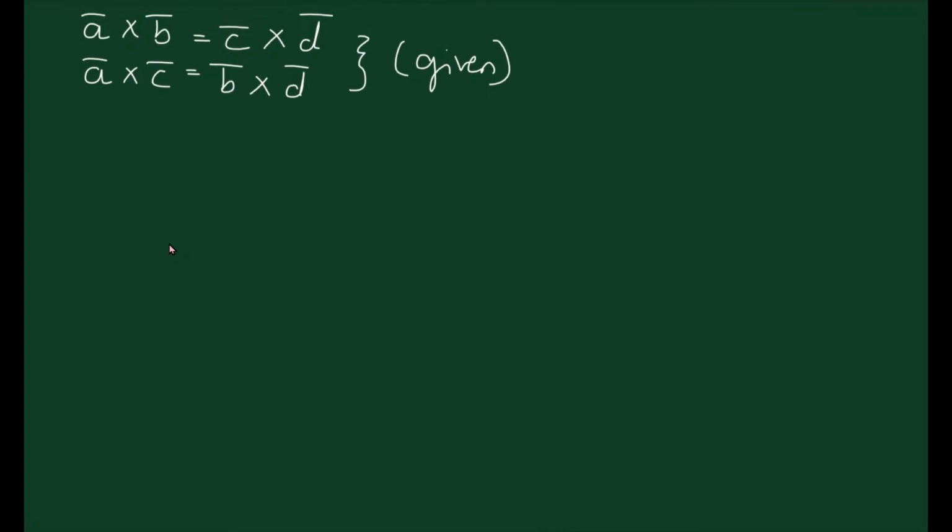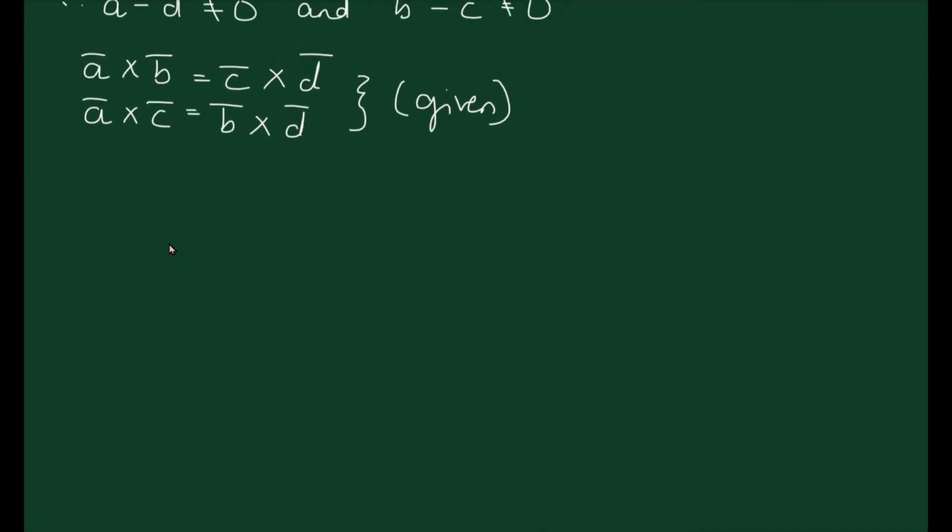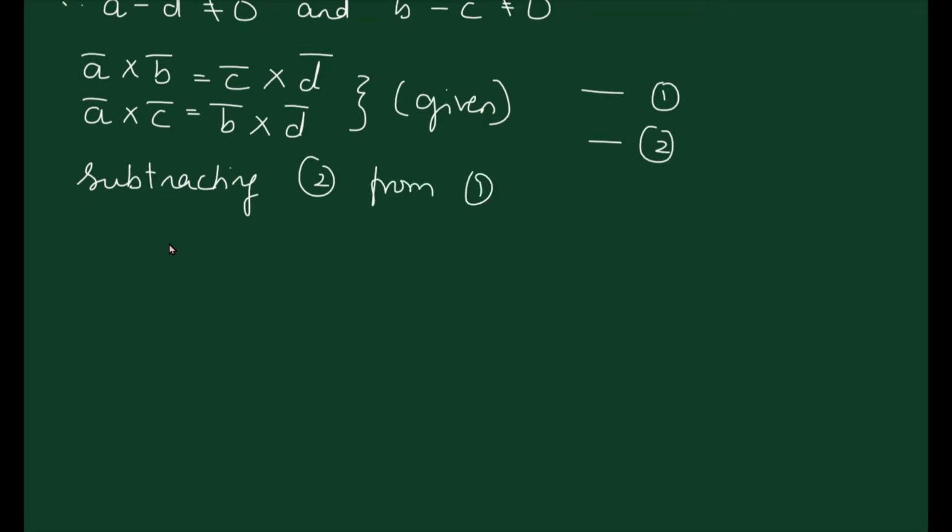Now subtracting both, say this is the first statement and this is the second statement, subtracting 2 from 1, we get A cross B minus A cross C is equal to C cross D minus B cross D.